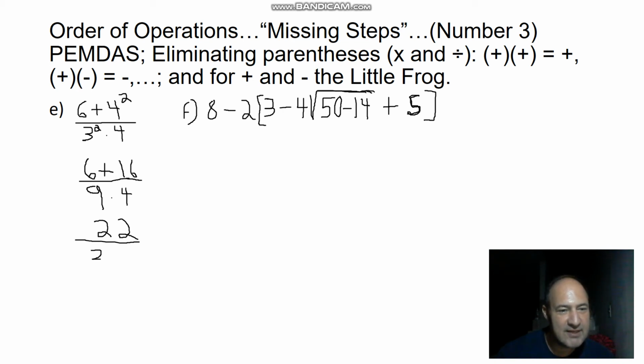Okay, but it's positive. Positive because remember the little frog is going to help us when we need to solve additions and subtractions. But in this case the little frog is only for the numerator because the denominator is a multiplication. So positive 6 plus 16 is positive 22.